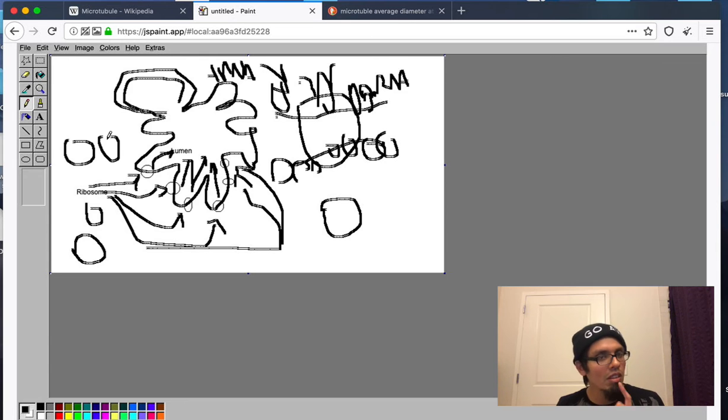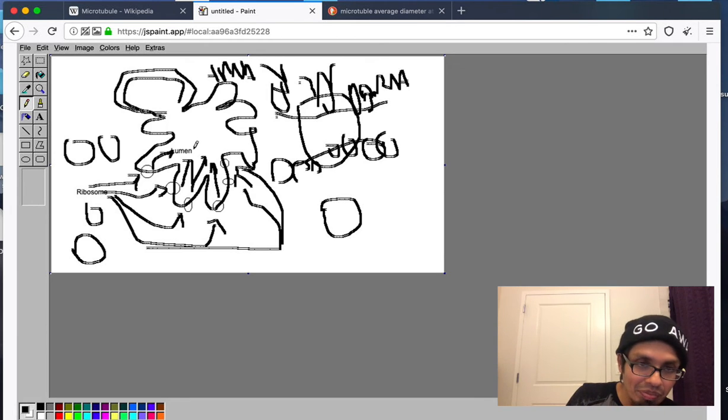Remember, there's two ERs, the rough and the smooth ER. The rough ER is responsible for the folding of proteins and the addition of additional side groups to proteins, right? So the rough ER attaches proteins together as their amino acids.